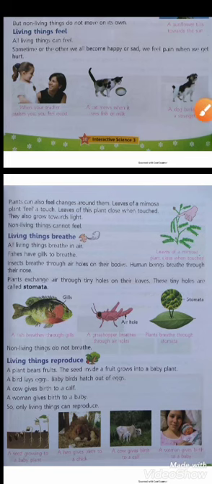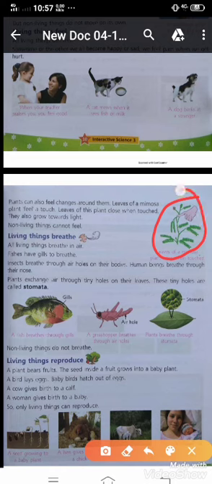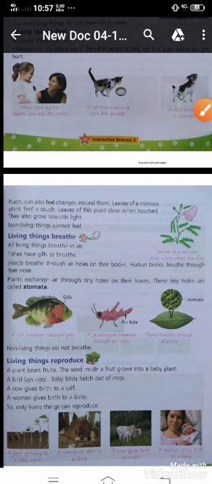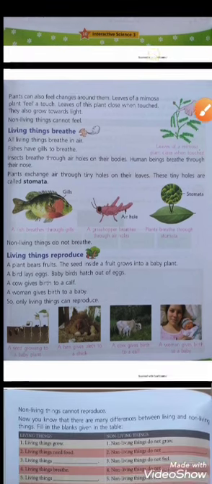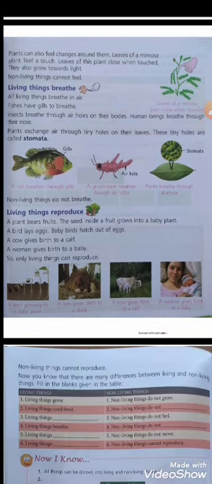As in the picture, when you touch the leaves of this plant, it closes. That means the leaves feel touch. The leaves feel touch. But non-living things cannot feel.